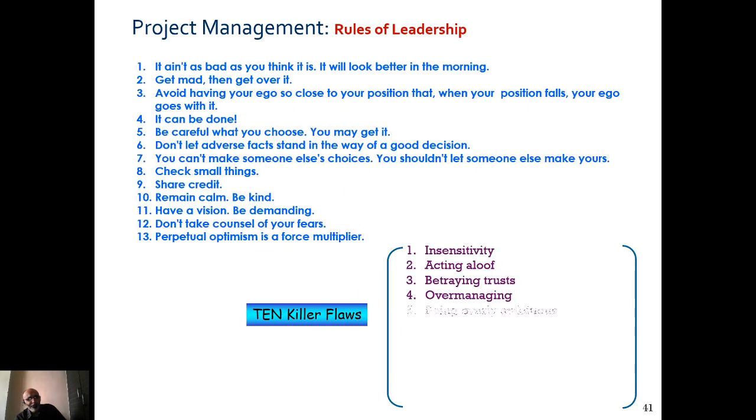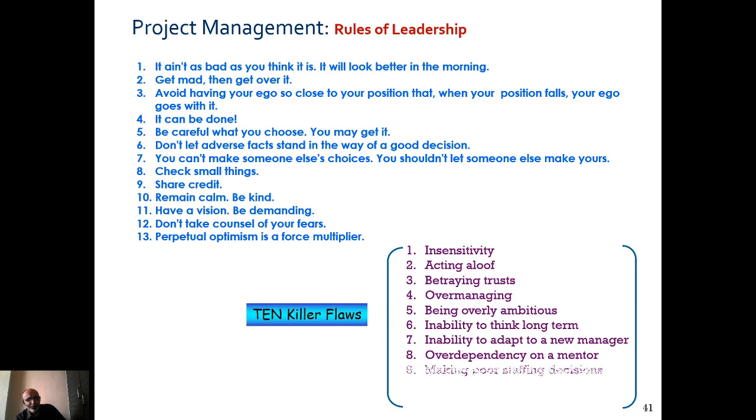So 10 killer flaws: acting aloof, betraying trust, over-managing the people. Some people feel that we will manage everything. Today I have made this fellow a fool. But that is a temporary mind game that you have won, isn't it? Internally you are a loser, right?